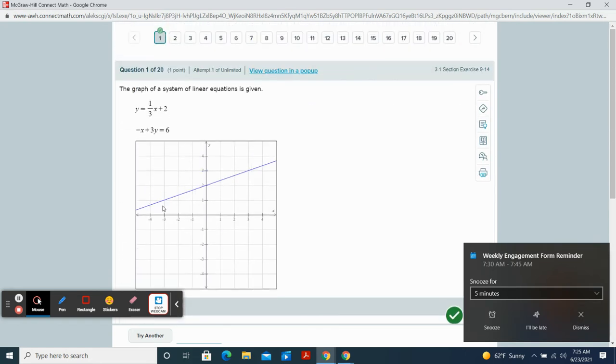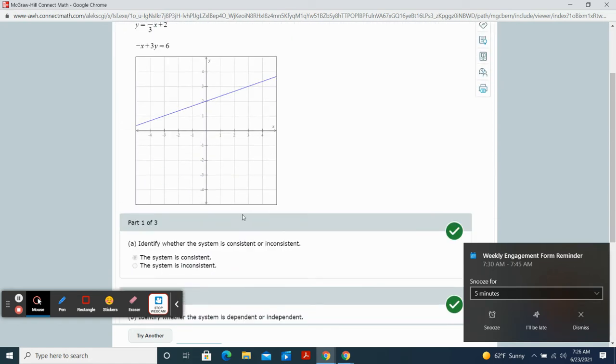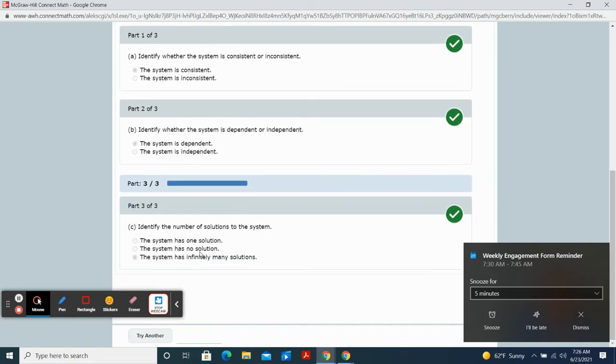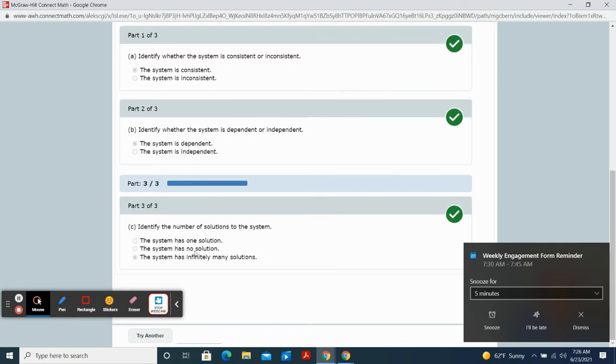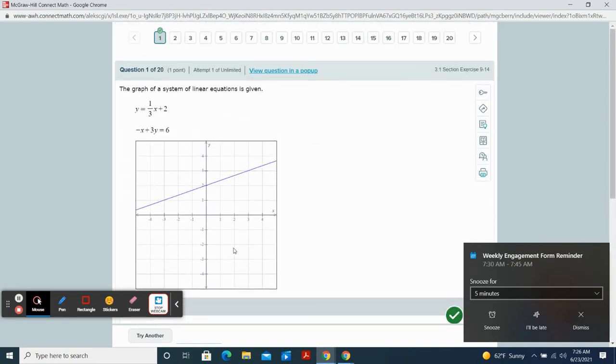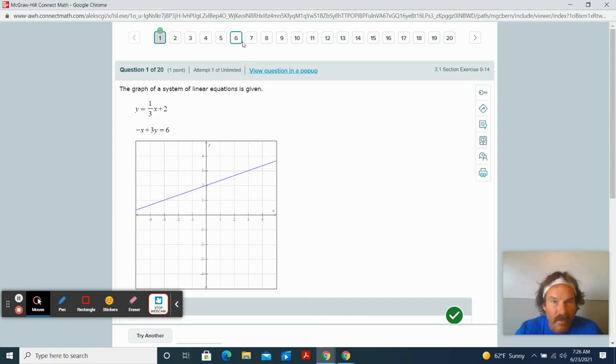If the two lines are parallel, they'll have no solutions. And if you only see one line, it's going to have infinitely many solutions. All right. The majority of the work in homework 6 is going to be starting on problem 7.